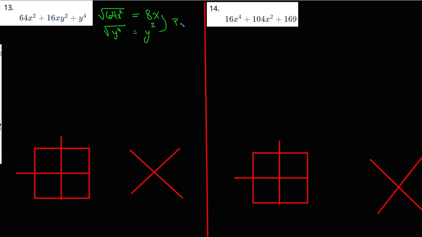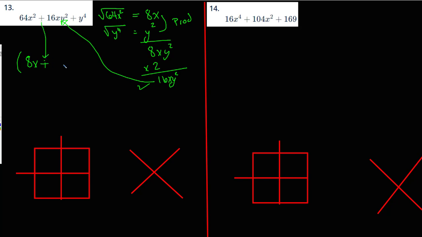If the product of those two times 2 is equal to this middle number, then you can shortcut the factoring to 8x, y squared, this middle sign, plus, y squared, that whole thing squared.